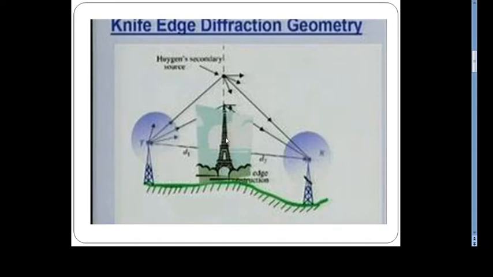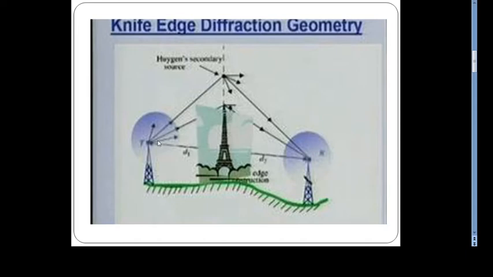We can consider this tower as an Eiffel tower, which is the obstacle present between these. The distance from the transmitting antenna to this obstacle is D1, D2 is the distance from the receiver to that obstacle, and H is the height between these.